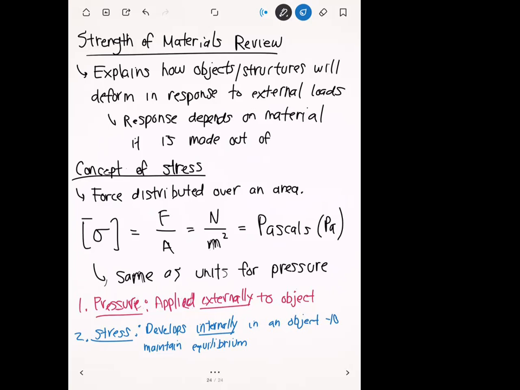All right. Let's do a simple example to illustrate this concept of stress. Let's think of a rod that's in tension.